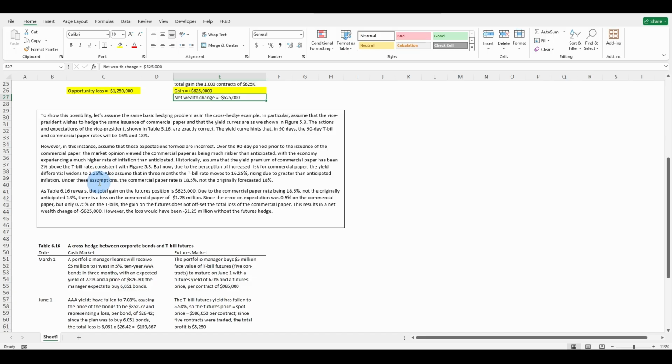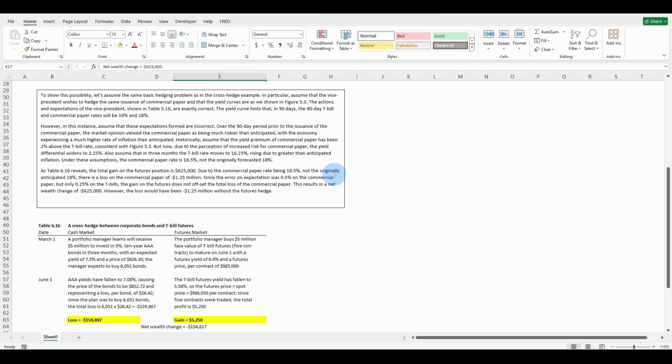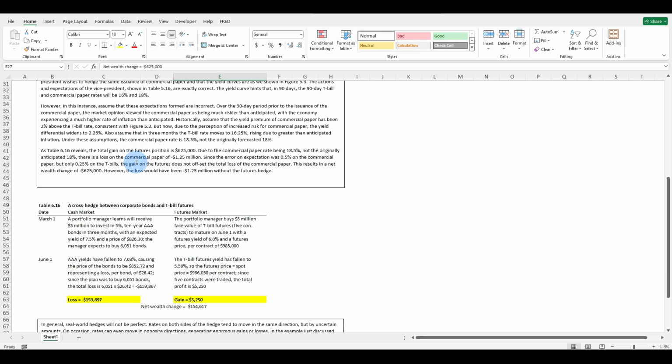Also assume that in 3 months, the T-bill rate moves to 16.25%, rising due to greater than anticipated inflation. Under these assumptions, the commercial paper rate is 18.5%, not the originally forecasted 18%. As table 516 reveals, the total gain on the futures position is $625,000.